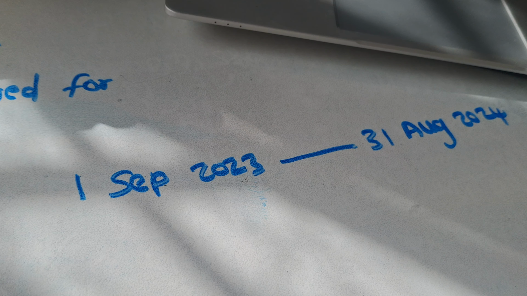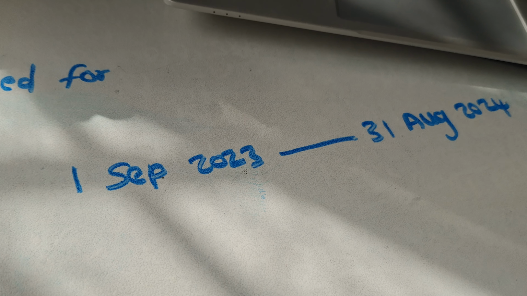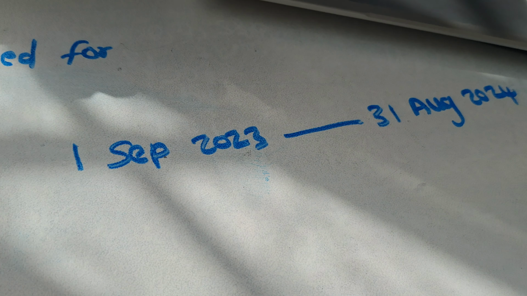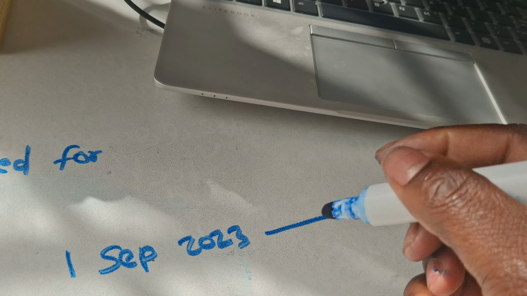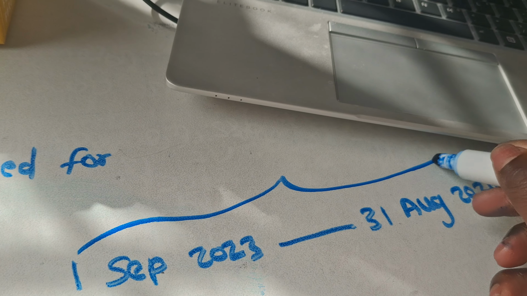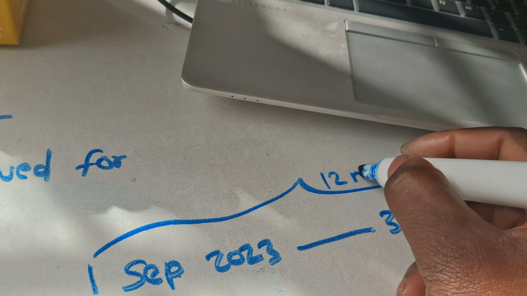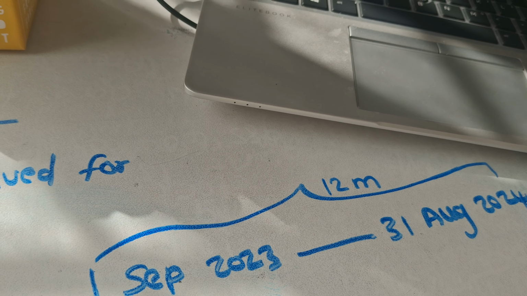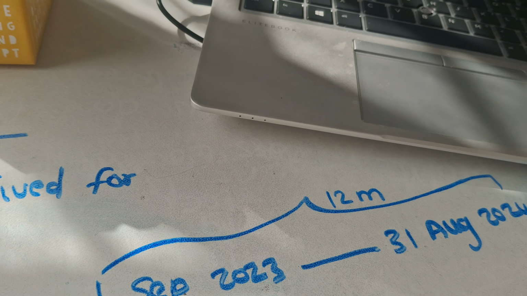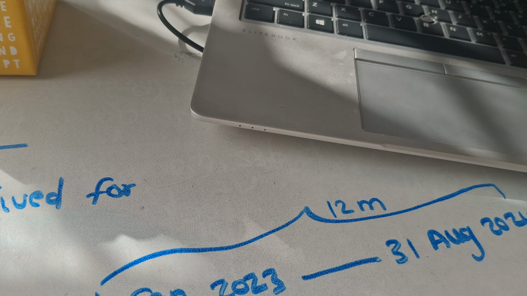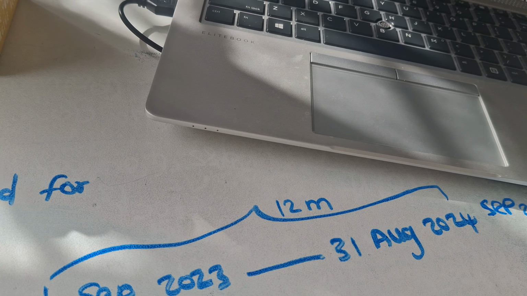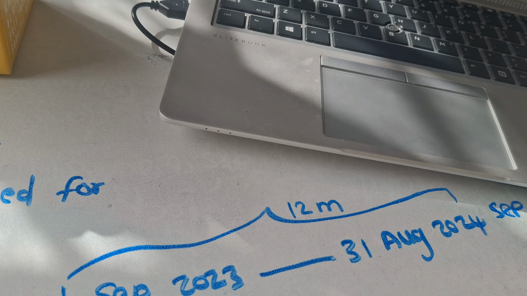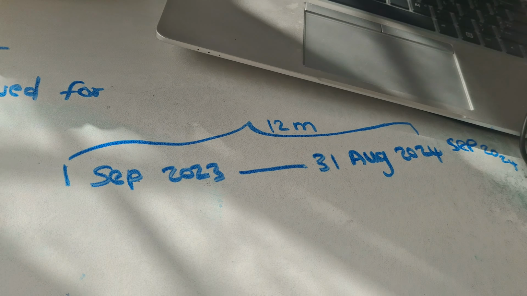Then we are told that the rent was received for 13 months, but if you count from 1st September to 31st August, this is only 12 months, which means that rent was received for 13 months, including September 2024. Then that makes it the 13th month, right?